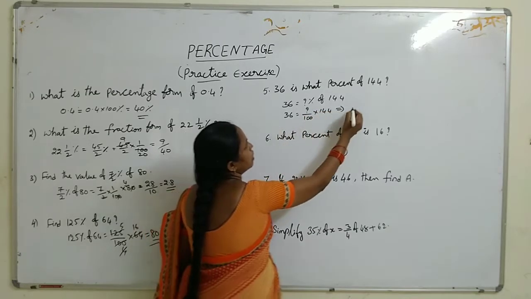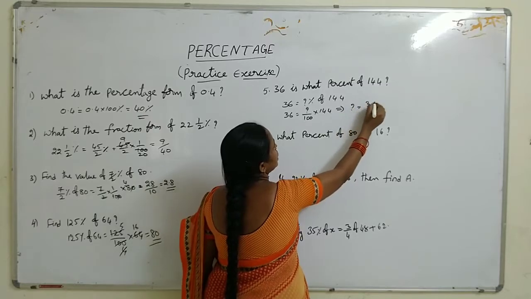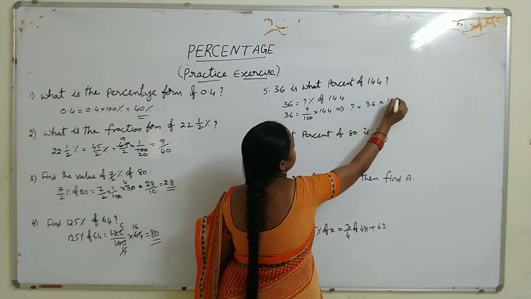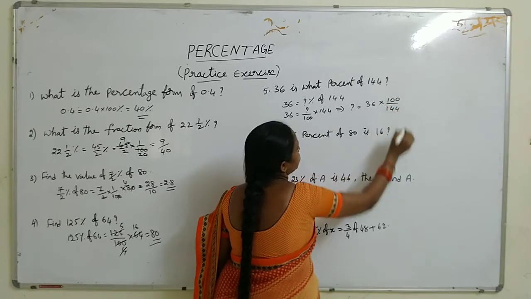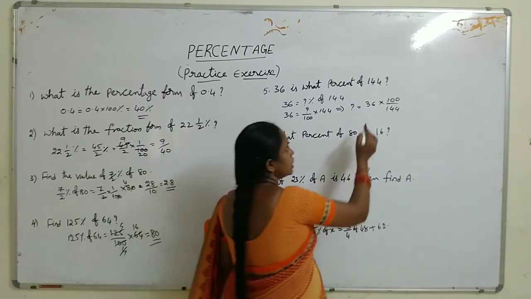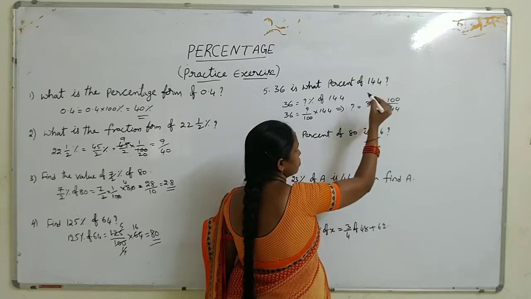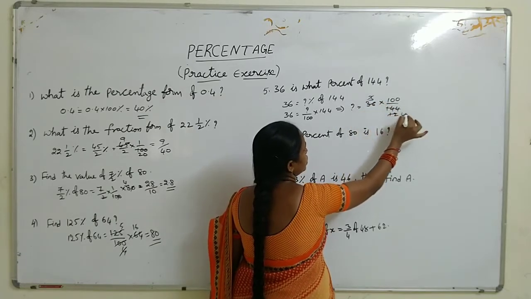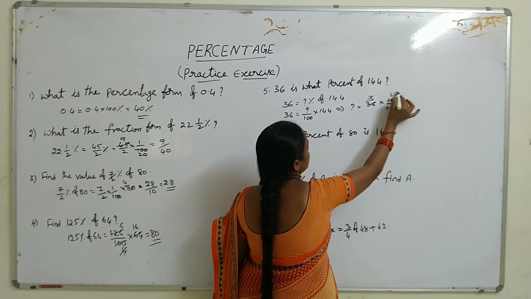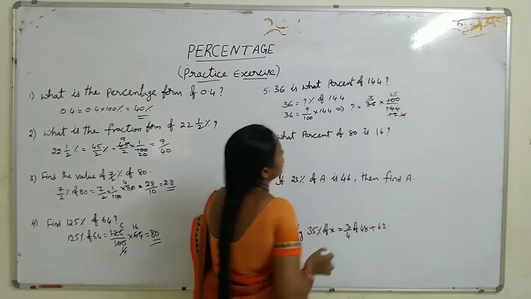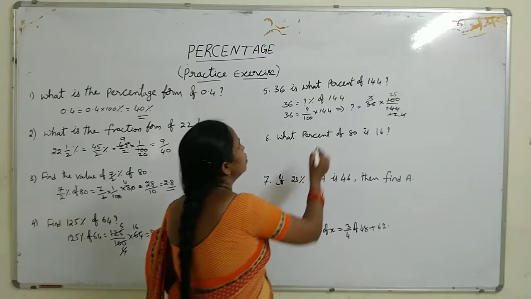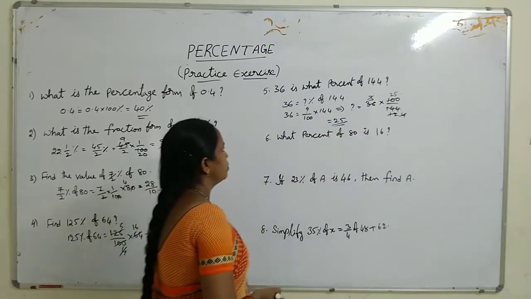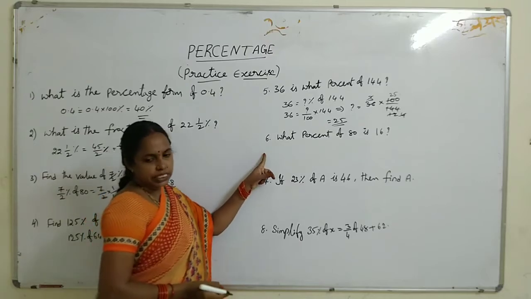So question mark equals 36 into 100 by 144. Sent to this side, it becomes the reciprocal, that is 100 by 144. 12 3s, 12 12s, 3 4s, 4 25s. Therefore, 25% of 144 equals 36. So the answer is 25.